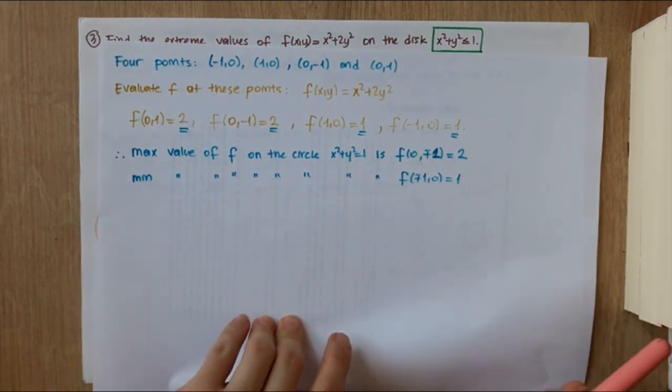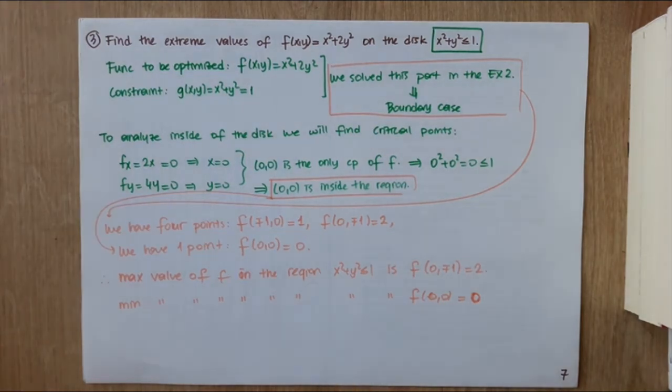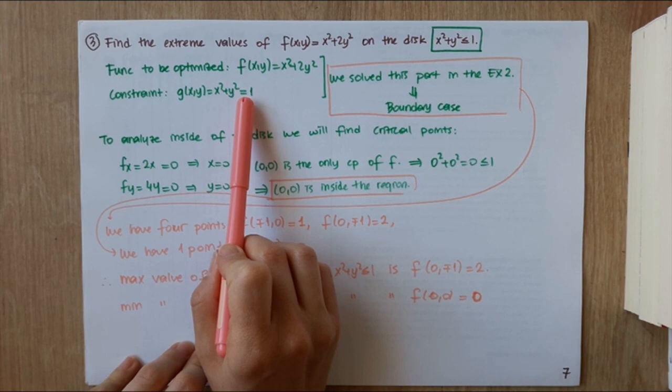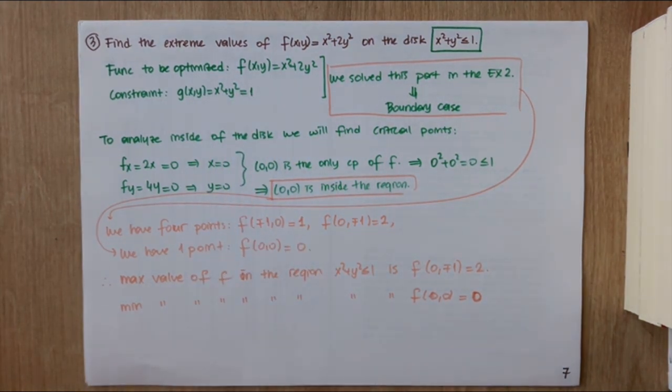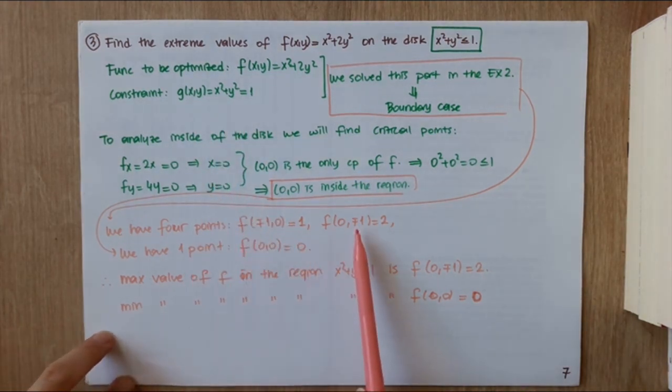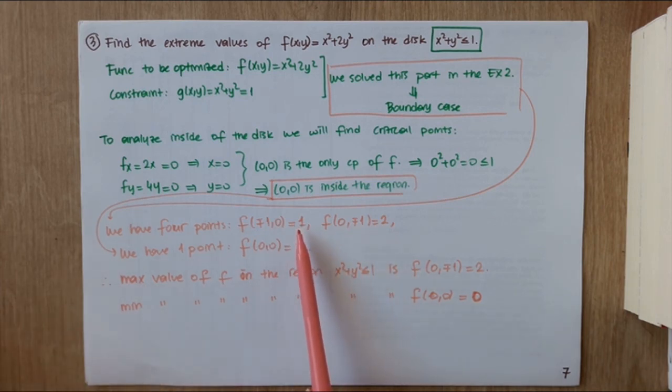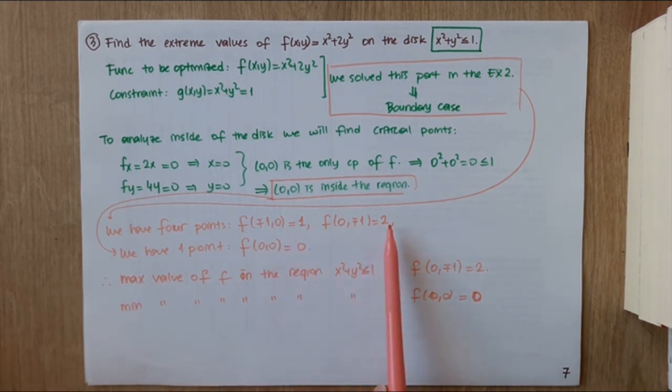But if you have a disk, a region, not only the boundary, this time you don't have only equality, right? The equality part represents the boundary, and you can analyze the boundary case using Lagrange multipliers. But you should analyze the inside of the region using the critical points idea also. Because of that, from the boundary we have 4 different points, and at these points the function takes the values 1 and 2.